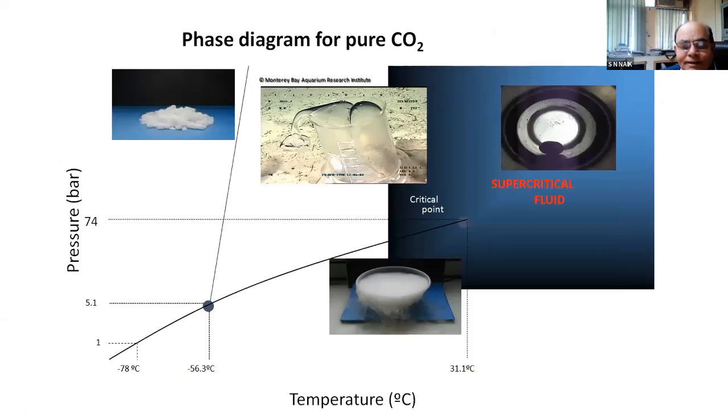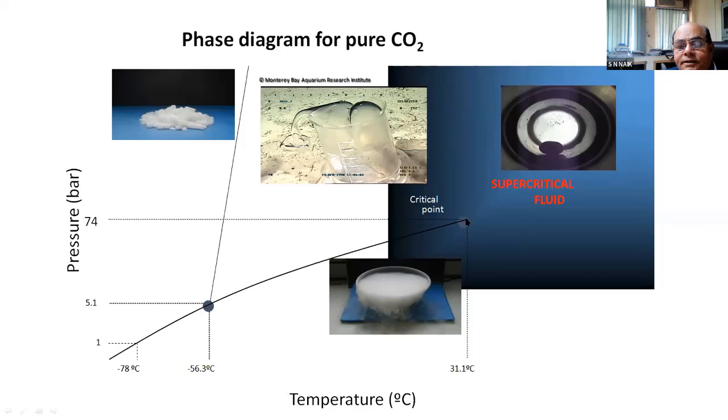You can see that carbon dioxide has a three-phase diagram: the solid, liquid, and gaseous. So basically, there is a critical temperature. This is the vapor liquid equilibrium curve, pressure versus temperature. Carbon dioxide has a critical temperature of 31 degrees centigrade and critical pressure of 74 bar. Below that, you can liquefy the carbon dioxide, and it behaves like a liquid.